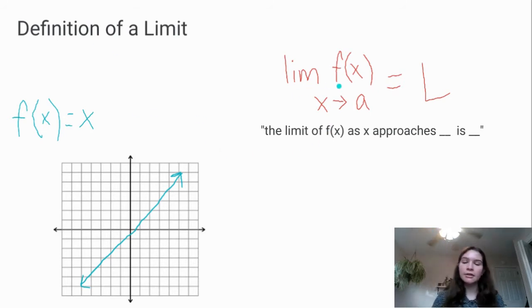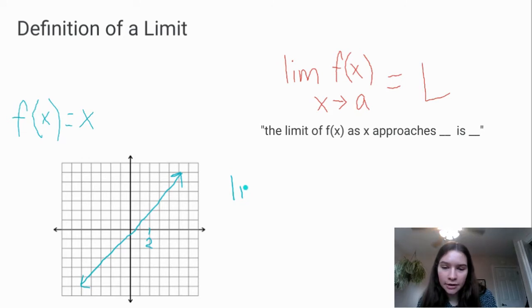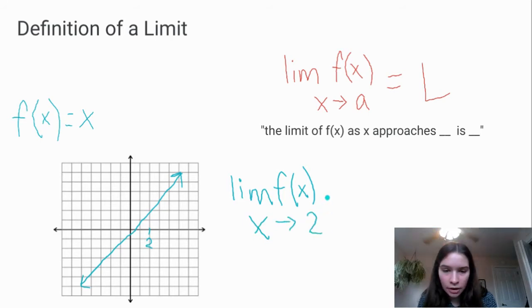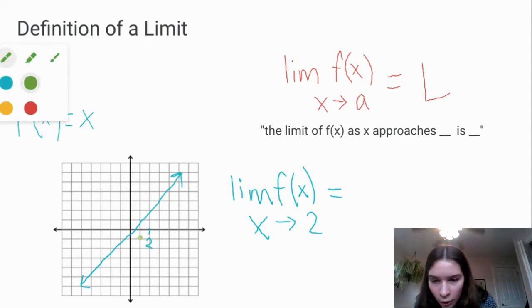And so let's find the limit of, say, when x approaches 2. So we write this as the limit of our graph f of x as x approaches 2 equals, okay, and then we're going to look at what y value the graph is approaching as it goes toward 2.